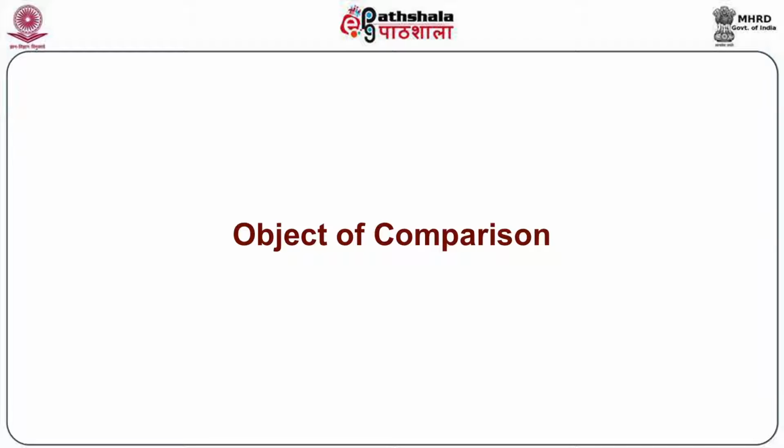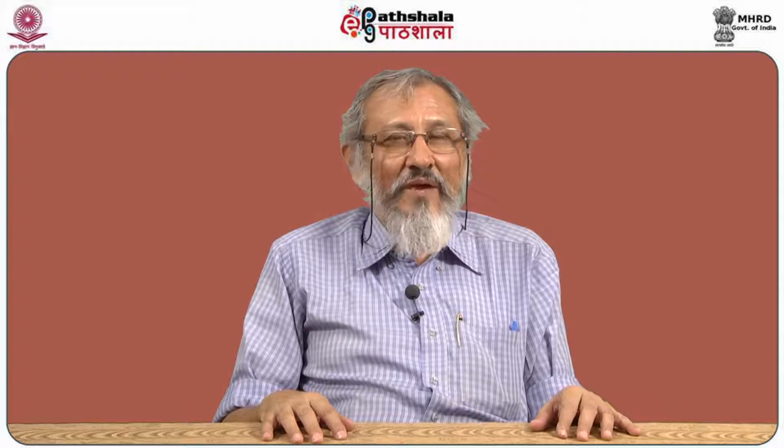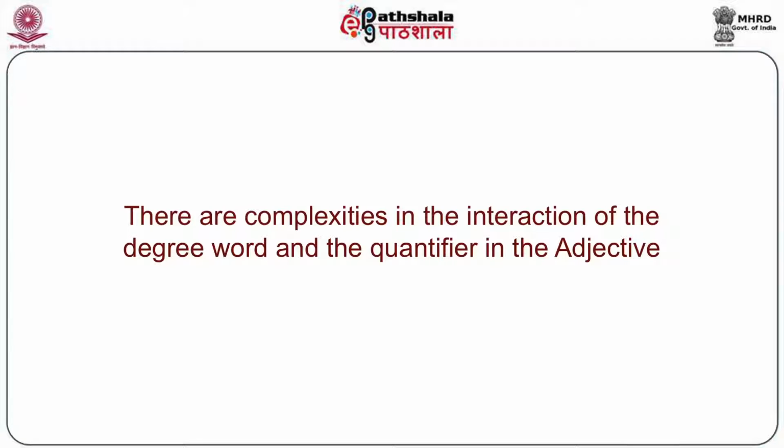We have shown you already that even when the object of comparison is not present in the structure, even if you have just a sentence like John is taller, Bill is just as tall, and so on, there are complexities in the interaction of the degree word and the quantifier and the adjective that require the full power of transformational machinery. It is not enough to have phrase structure rules and the lexicon.